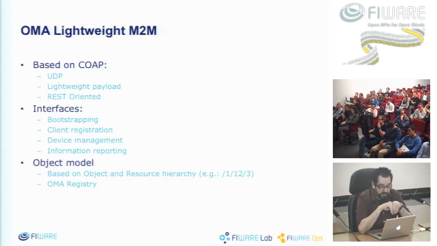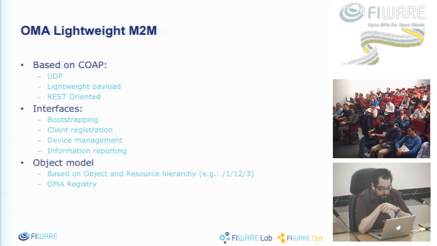The IoT agent uses this information with a local map to perform these transformations, so no more information should be needed when standard OMA registry objects are used to send information to the context broker.